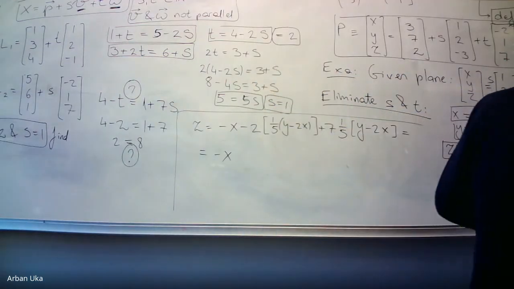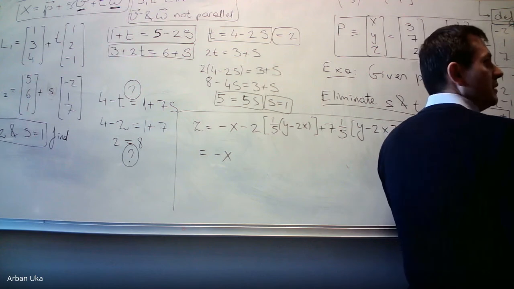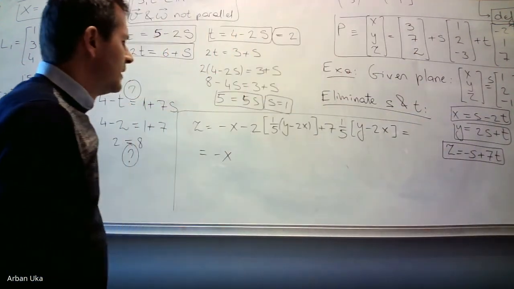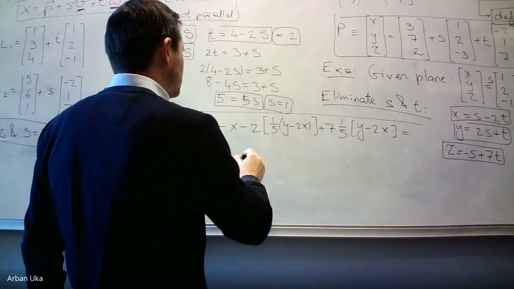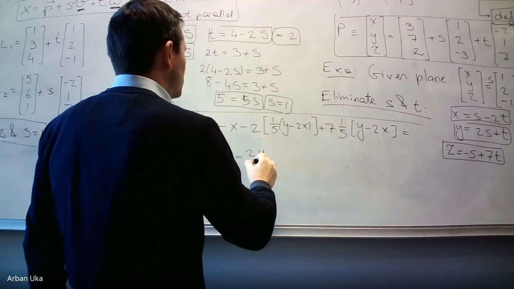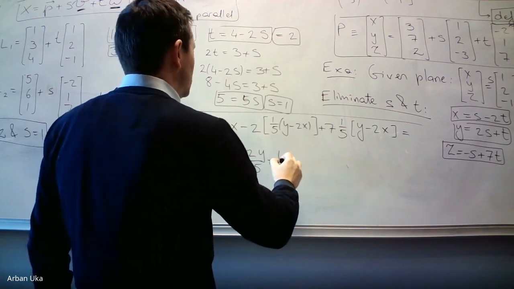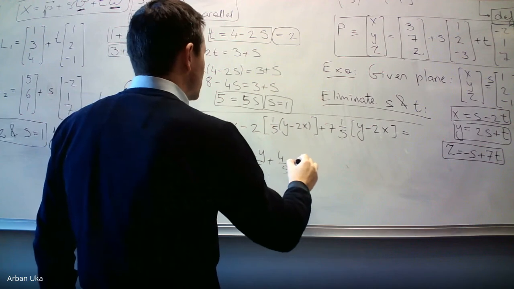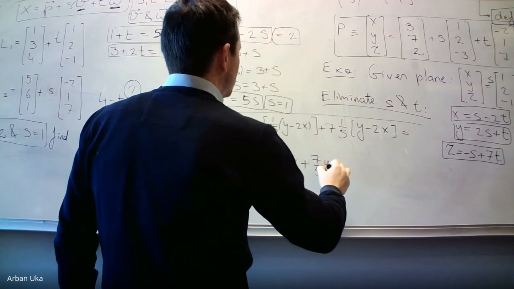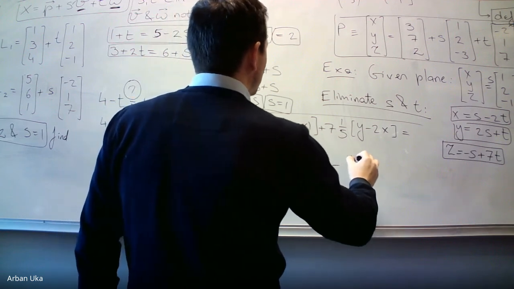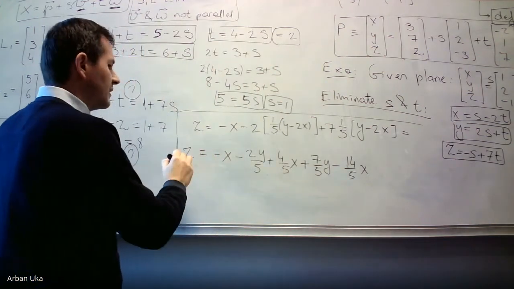Let me check. No, this is y minus 2x. Okay, that looks correct. z is equal to minus x minus 2y over 5 plus 4 over 5 x plus 7 over 5 y minus 14 over 5 x. So this is the z.